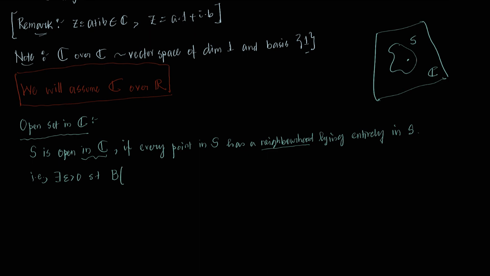Let's call every point Z naught, a point Z naught which is in S. So let's say this is Z naught which is in S. So B(Z naught, epsilon).